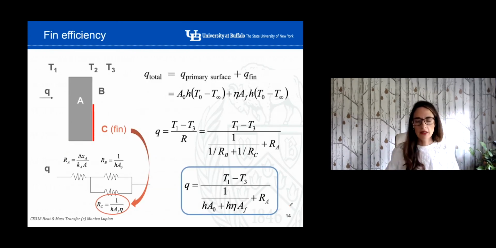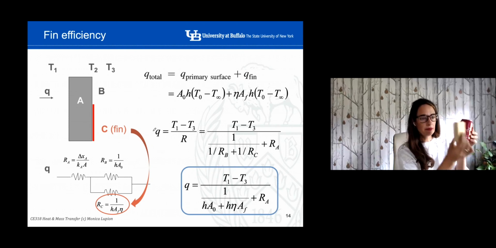So in general, how can we solve a problem when there are fins incorporated? We are gonna try to use the analogy with the electrical circuit. Let's imagine that there is an element A, like this one, and we incorporate fins.